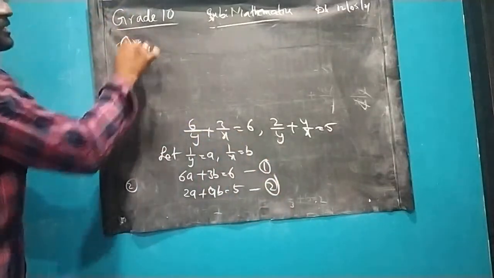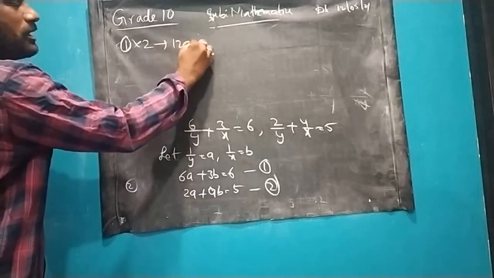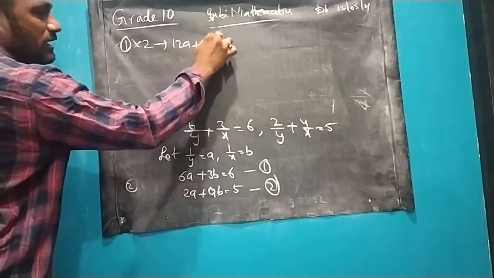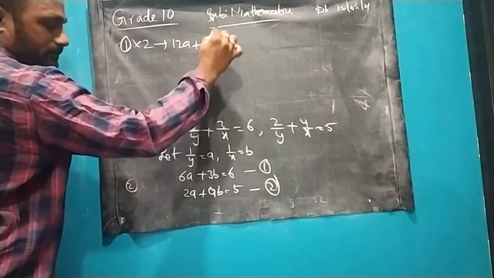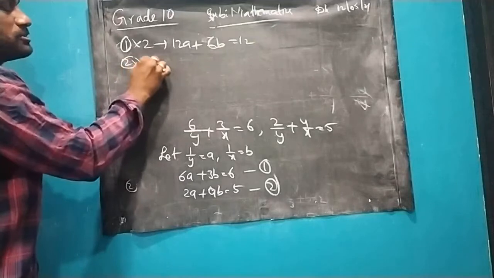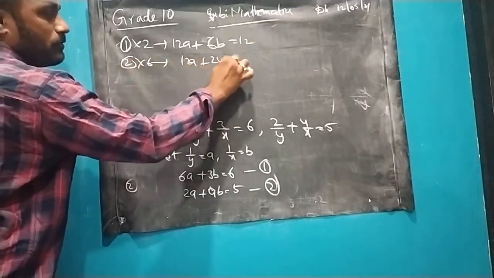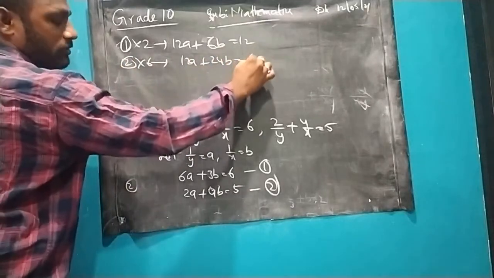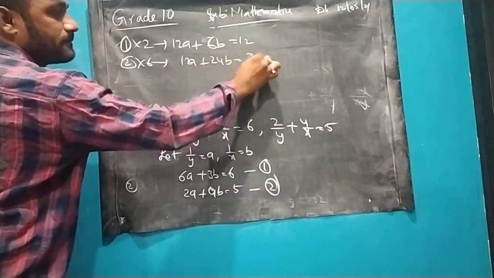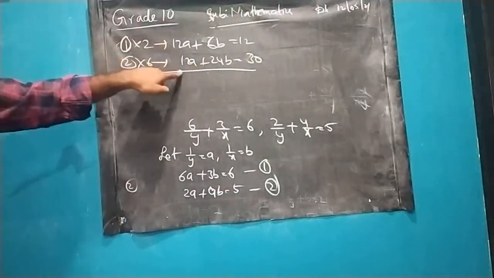So the first equation I have to multiply with 2. So it is 12a plus 6b is equals to 12. Second equation into 6: 12a plus 24b is equals to 30. Here the 12a, 12 is there, but it is not cancelling.